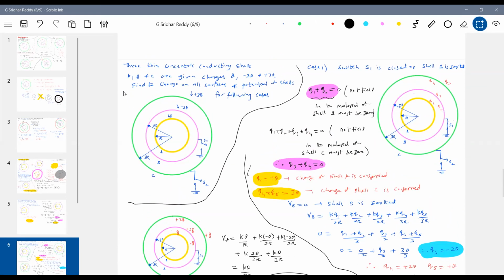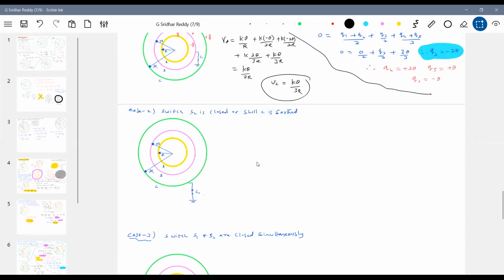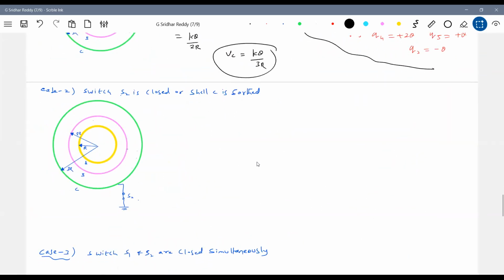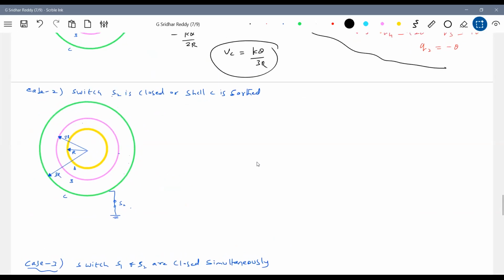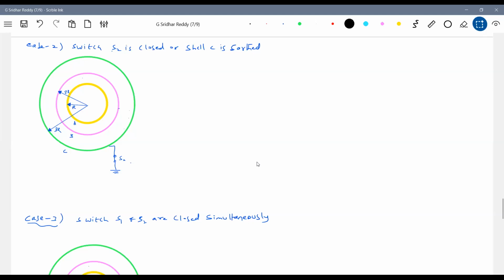Q1 plus Q2 should be 0. The same. So we will begin like this. I'll put the charges: Q1, Q2, Q3, Q4, Q5.